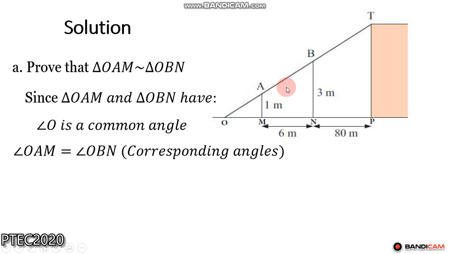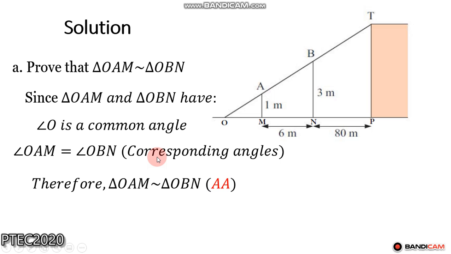When the two angles are corresponding angles, it means that they are equal. So now we can find that both triangles have two corresponding angles that are equal: angle O is a common angle, and angles A and B are the corresponding angles. So we can prove that these two triangles are similar by the condition of AA.